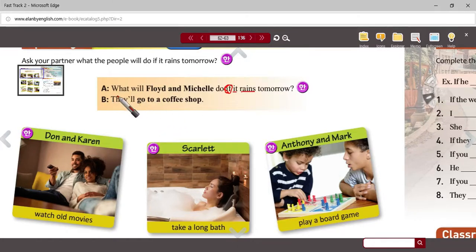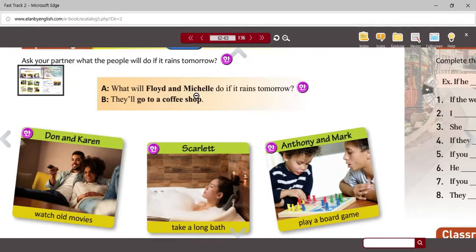And in these ones, you're using the modal, and that just goes with the verb right away. In the question, of course, the subject will come between the modal and the verb here. So what will I do? What will you do? What will they do in this case?